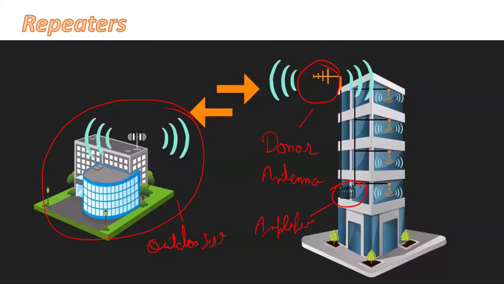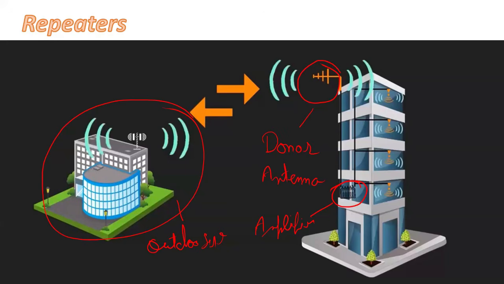What happens here is that there is an improvement in the coverage, because it will amplify the signal and then you distribute the signal inside the building, with the source being an existing outdoor site. So it will improve your coverage inside the building, but there will not be any improvement in capacity, because you are using the capacity of the macro site only.